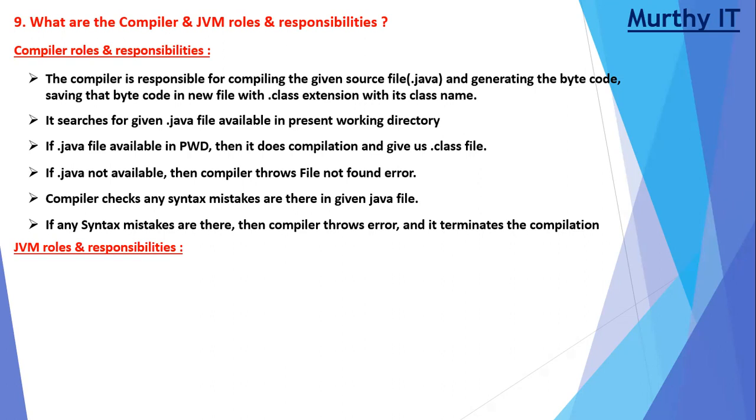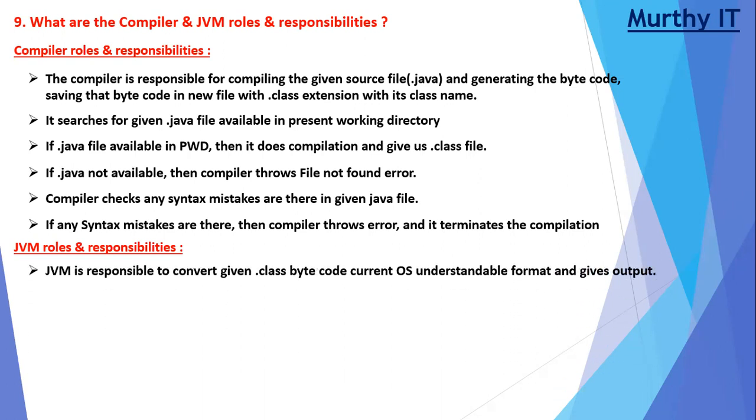Now the JVM's roles and responsibilities. First, the JVM converts the given .class file into a format understandable by the current OS. We don't know in which OS the .class file was compiled, so first it converts the given .class file into the current OS understandable format.